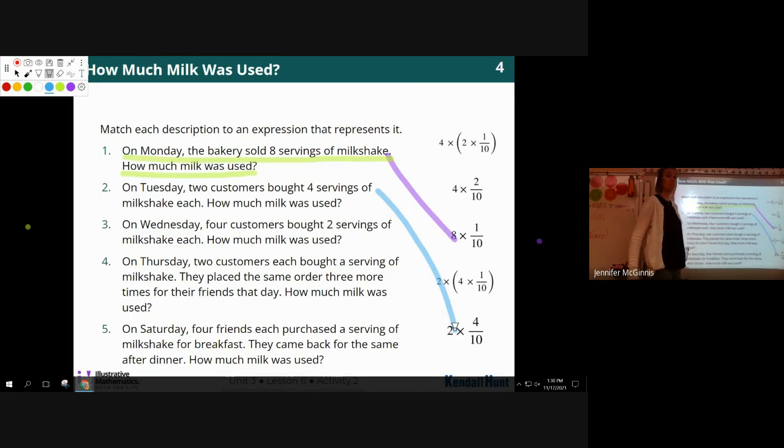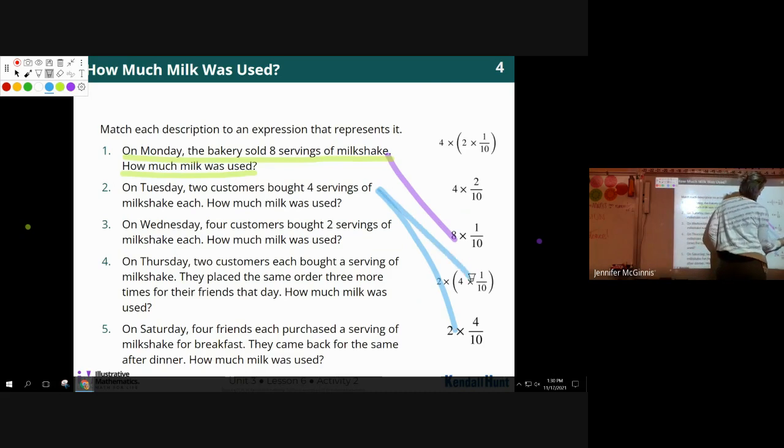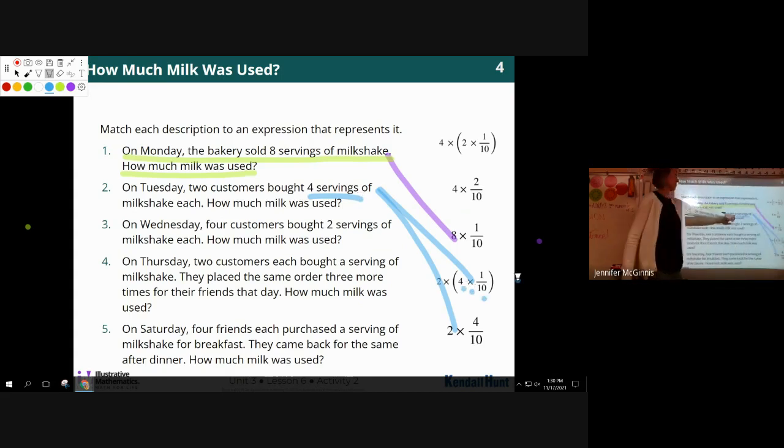Now? 2 times 4 times 1/10. Because now we have 4 servings and we have 4 times 1/10, which gives us 4 servings, which is 4 tenths. Very good.